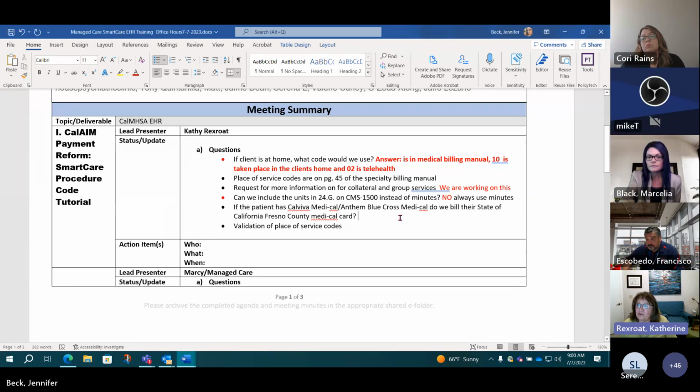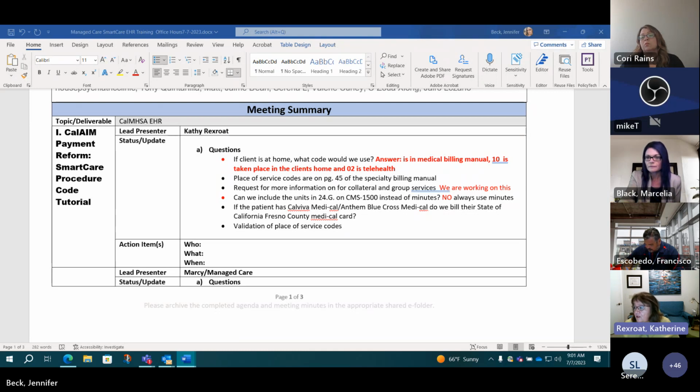So you would either claim to the managed care plan, which would be CalViva or Anthem Blue Cross, if it's a mild to moderate condition, or if it meets the eligibility for Medi-Cal, which we can cover in another training, you would then be billing to Fresno County. So you would bill to one or the other. Okay, I think that answered my question. Thank you.